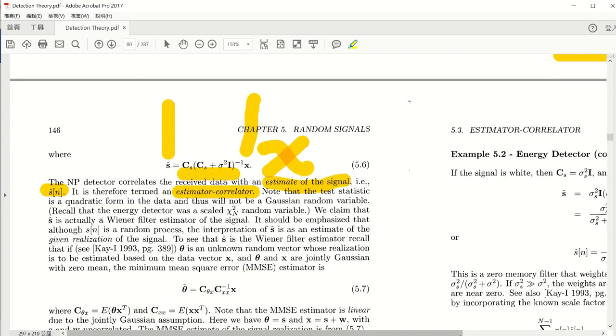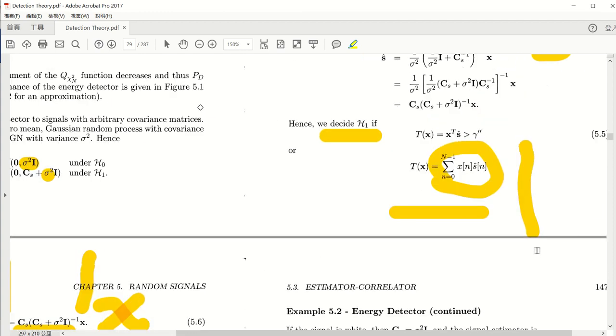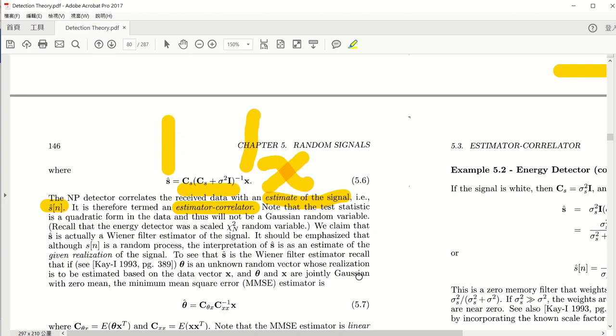But the point is, this is still a likelihood ratio detector. It's just a way in which we interpret it as an estimated correlator, but it does not mean that the estimated correlator is always the best.